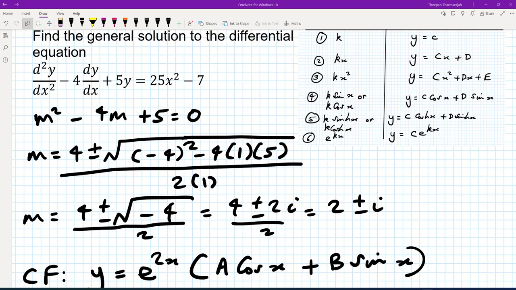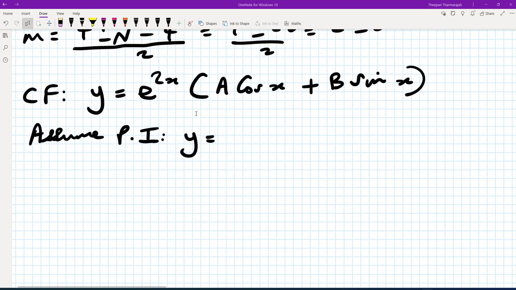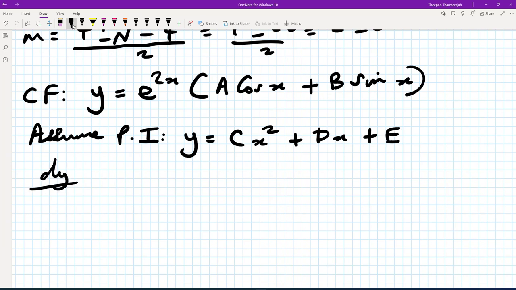So it needs to be cx squared plus dx plus e. So we're going to assume that our particular integral will take this form, cx squared plus dx plus e.